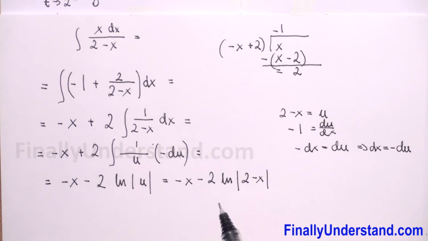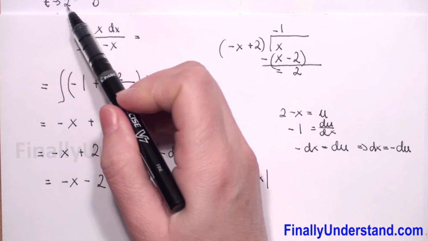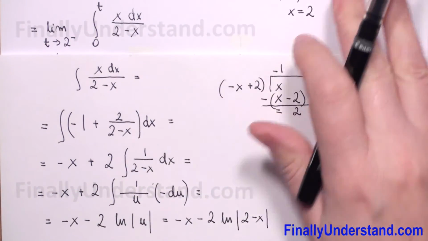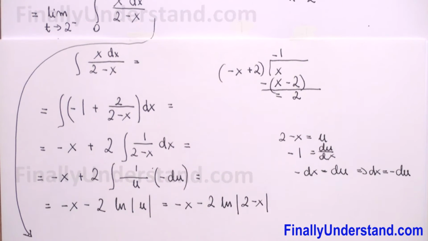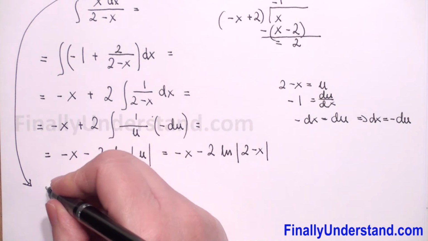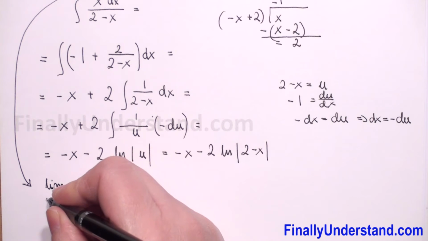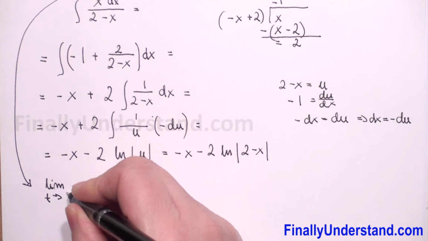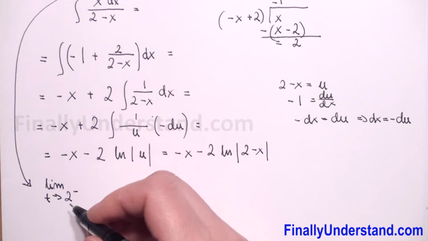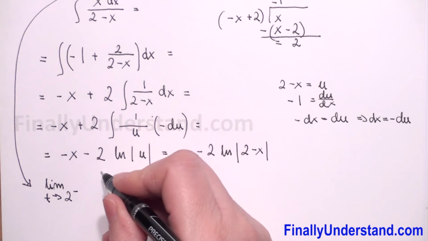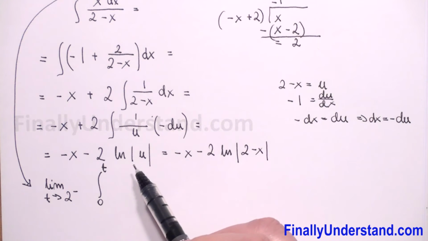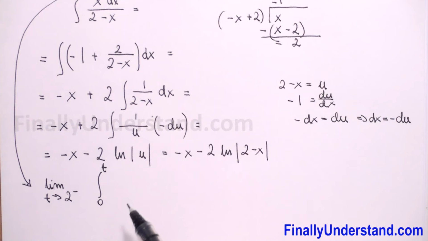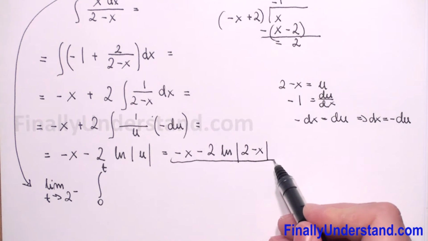So now we can solve our limit. Let me put this here. We have the limit as t goes to 2 from the left side, and the definite integral from 0 to t, and we found that the integral of x over 2 minus x with respect to x is equal to this.